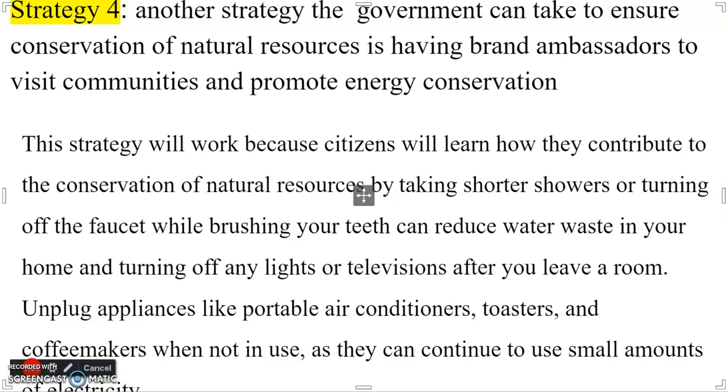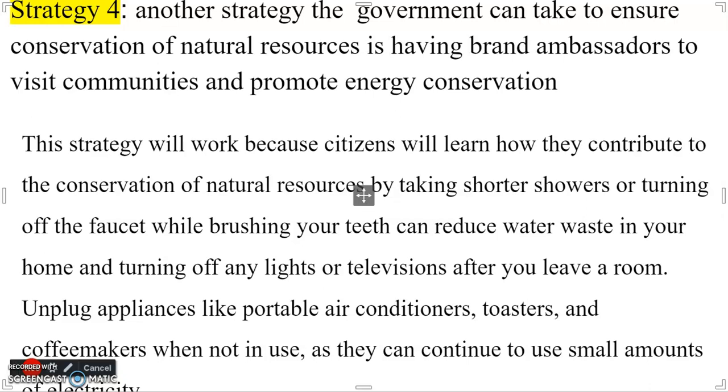Now, why do I believe that this strategy will work? This strategy will work because citizens will learn how they can contribute to the conservation of natural resources by, for example, taking shorter showers or turning off the pipe when they're brushing their teeth. And this can help to reduce water waste in the home.